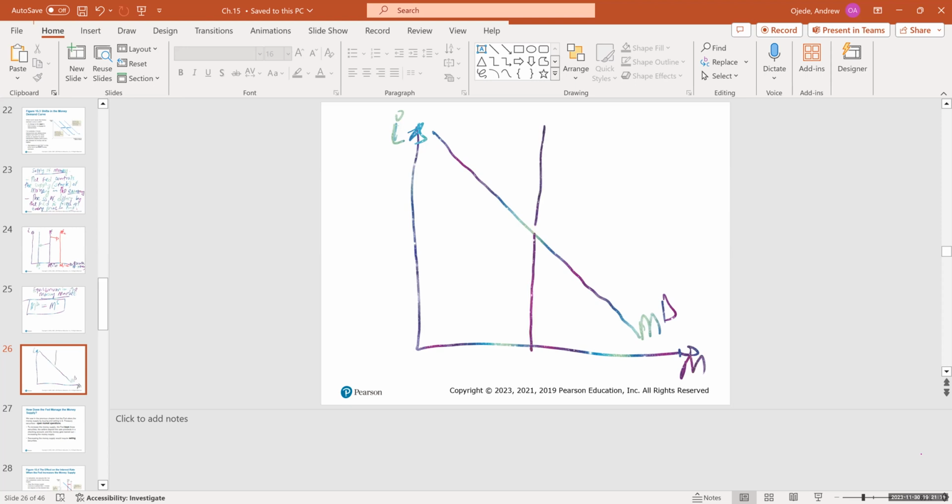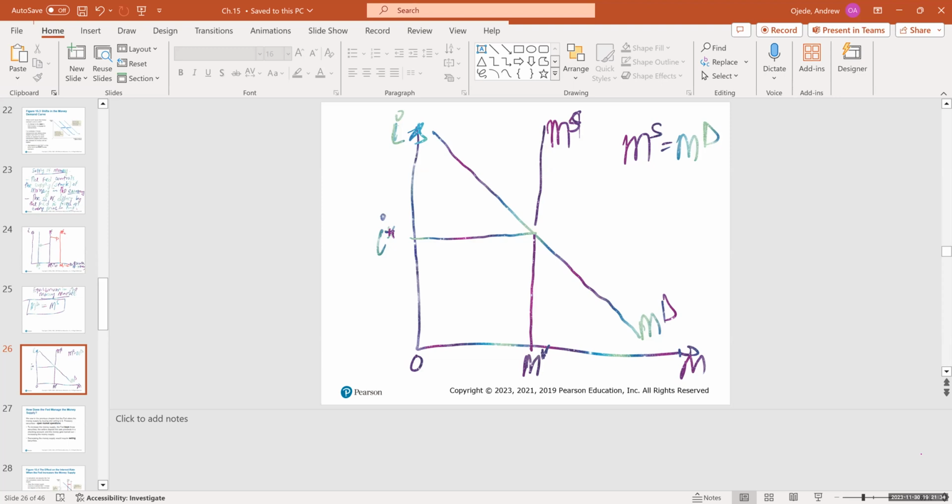This is a vertical line. So the money market reaches equilibrium when MS equals MD. The point of intersection here is going to determine the equilibrium interest rate. You can label it i star, and the equilibrium quantity of money in the economy, you can call it M star. So that's how the money market reaches equilibrium.